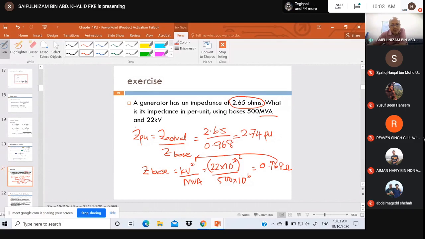Remember, the per unit value of any quantity equals the actual value divided by the base value or reference value. Both the numerator and the denominator must have the same unit. This one is in ohm, and the denominator is also in ohm. That's why you end up with PU, 2.74 PU.